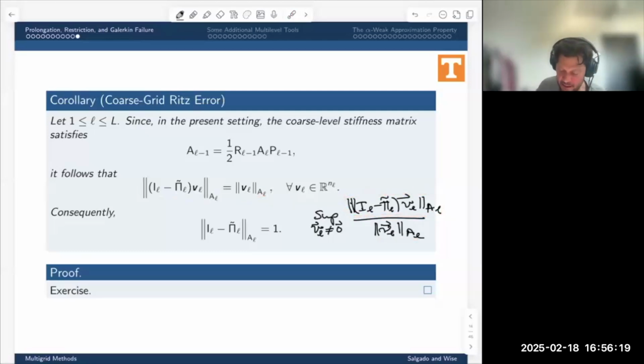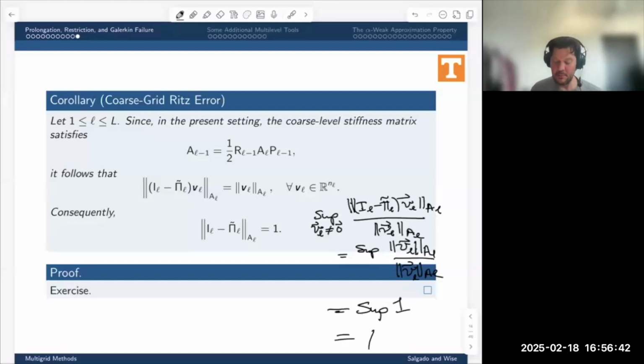So this supremum is just the supremum of the A_L norm of V_L over the A_L norm of V_L. That's the supremum of all numbers which are exactly 1, which is like saying the supremum is 1.